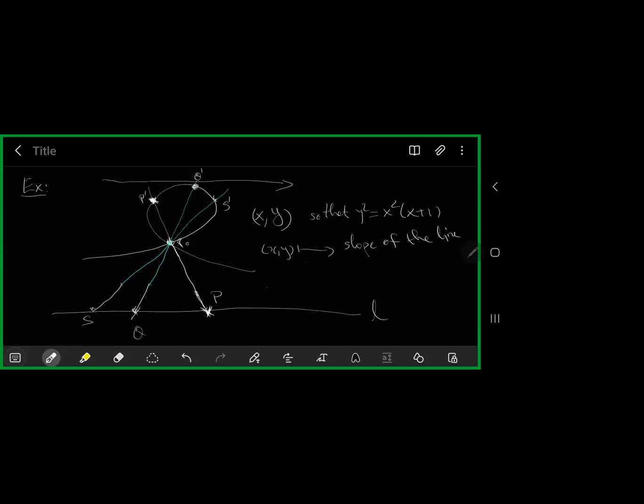The node is at 0, 0. So x, y will go to the slope of the line which goes through 0, 0 and x, y.